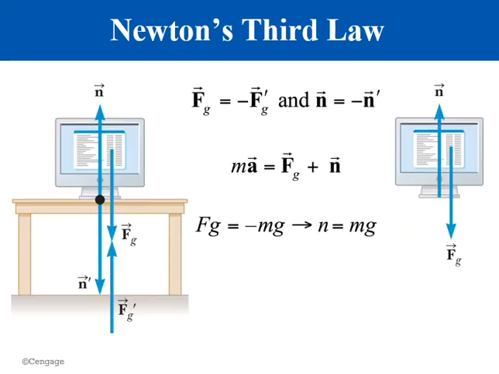If you look at this, you have a computer monitor that is sitting on a table. The Earth exerts a gravitational force on the monitor, and the monitor does not accelerate downward because it is held up by the table, which exerts an upward force called the normal force.